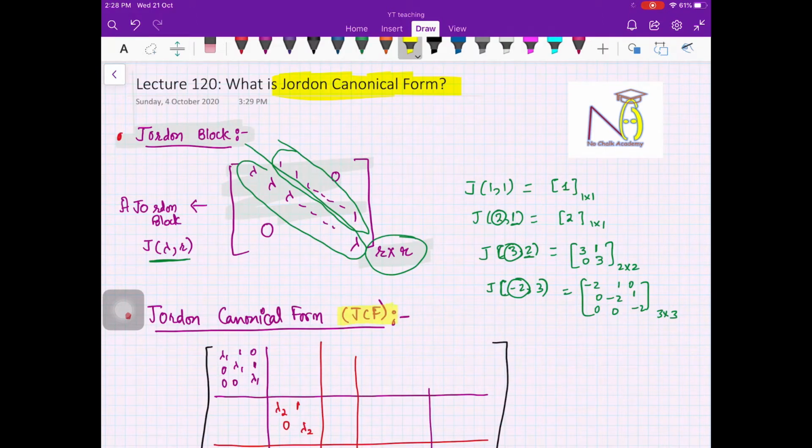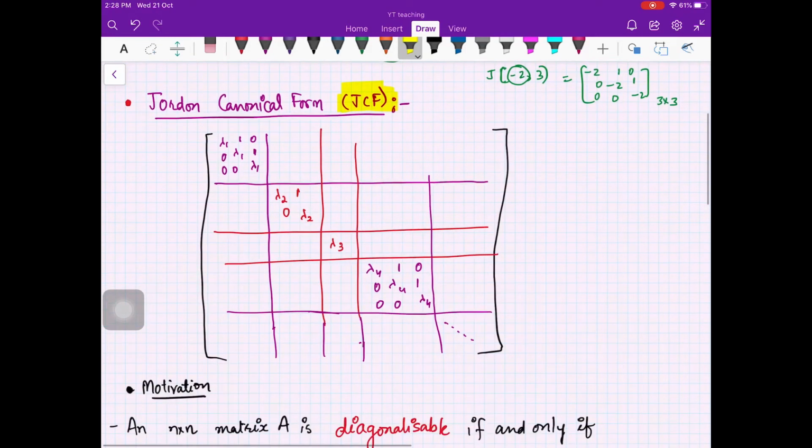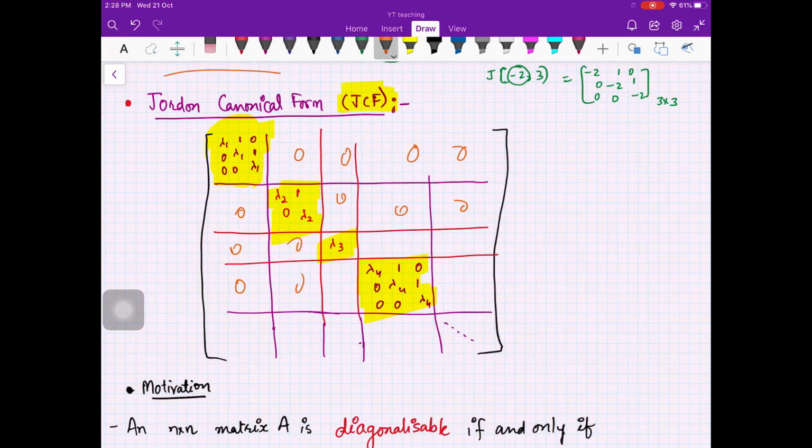Next, what is a Jordan canonical form? If you have a Jordan block, another Jordan block, another Jordan block, of different sizes, you have Jordan blocks on the diagonal and everywhere else you have zeros. Such a form is called a Jordan canonical form. For example, if I give you this matrix with 7 7 1 0, you can see this is a Jordan block, and suppose this is also a Jordan block.